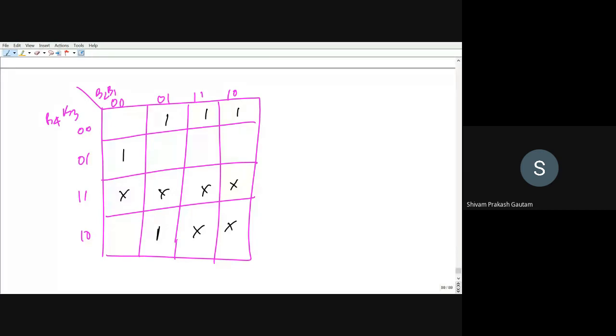Now tell me how you will group this. Are there any isolated cells? Just check. No, sir. Okay, then are there any cells to which only one adjacent cell is having one or don't care? Cell number 4. Yes, correct. So if you see cell number 4, I can group it like this.